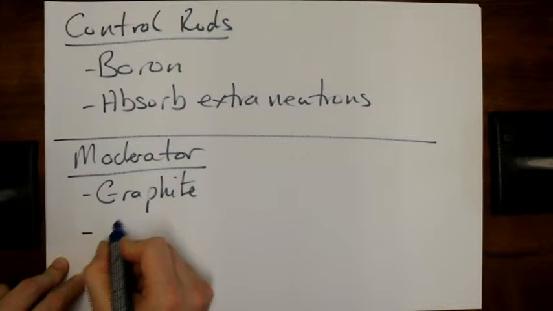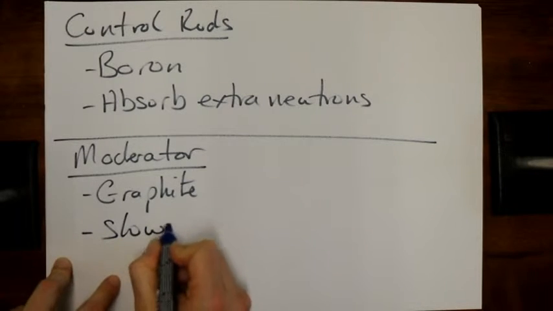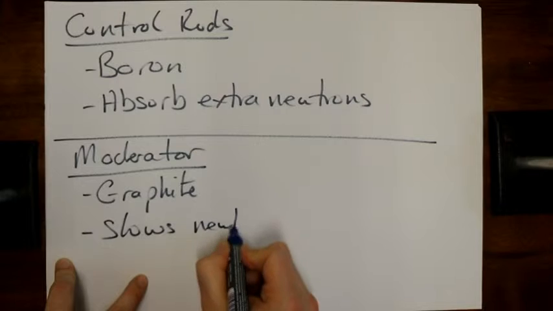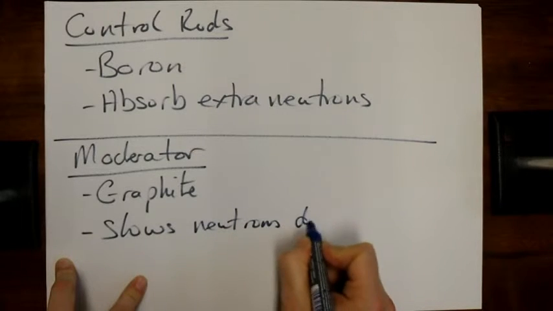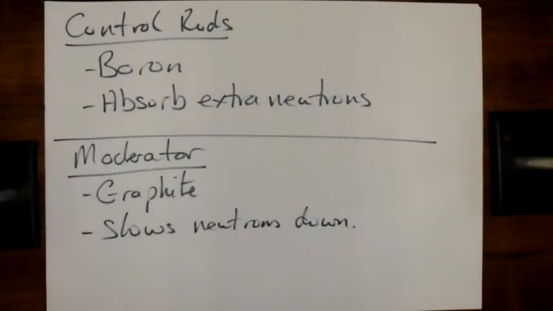And this slows the neutrons down. This means that when they actually collide with the large nuclei, they're more likely to combine with the nuclei and then split them, rather than just glance off or just go past them.